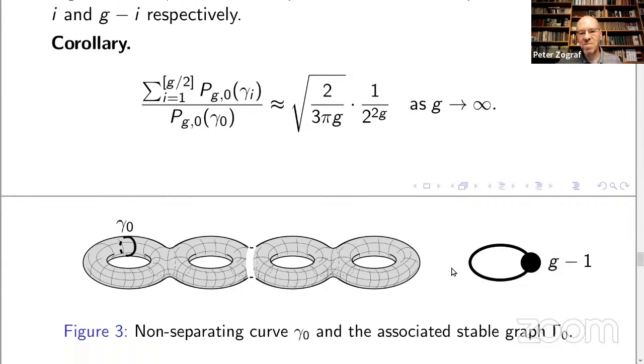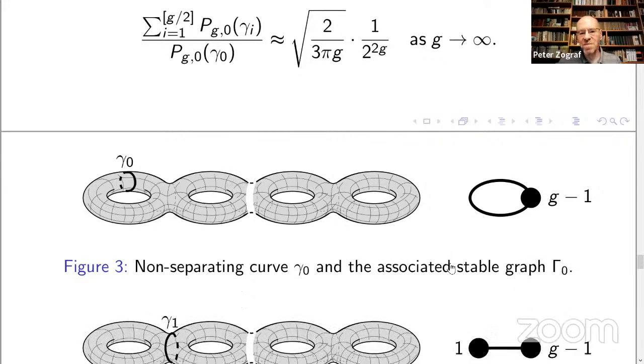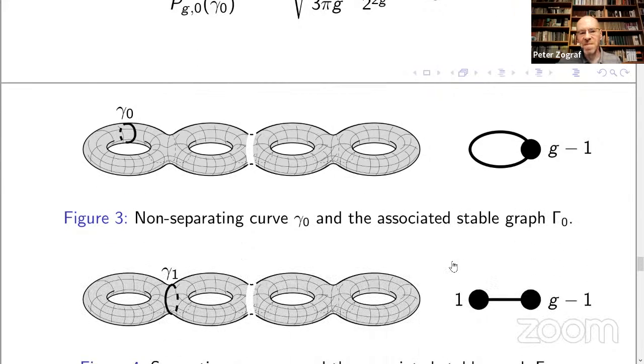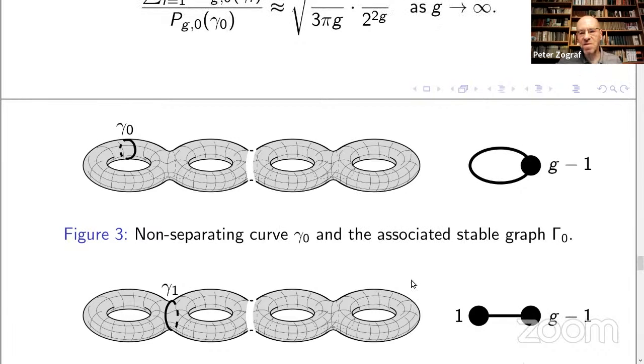That's the non-separating curve. And for a separating curve, we have on the left the picture of a complex curve with a separating closed geodesic, and on the right the corresponding stable graph. It has two vertices and one edge. The vertices are labeled by numbers 1 and g minus 1.